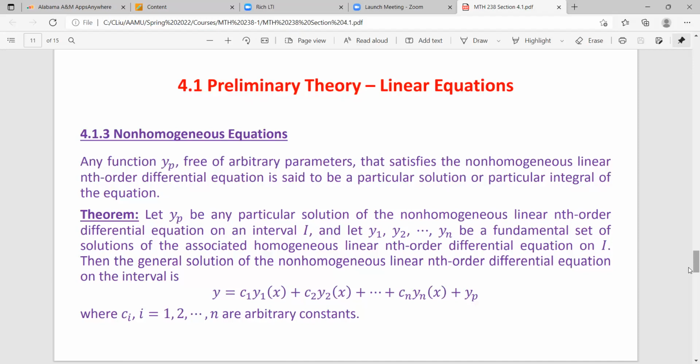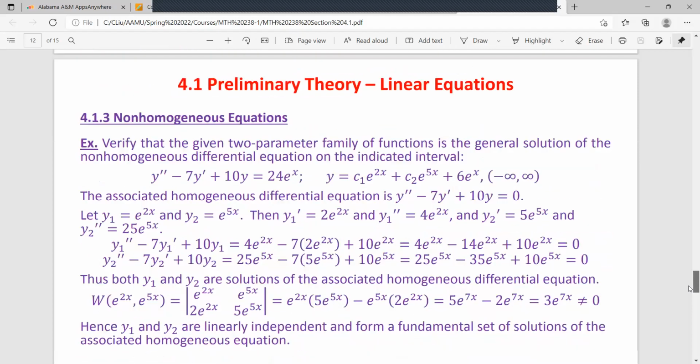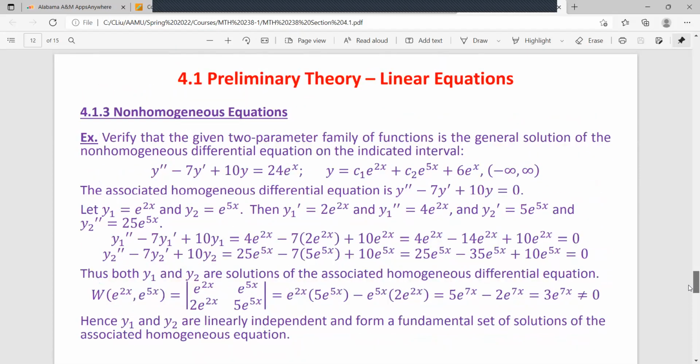Okay, so that's the whole theory about non-homogeneous equations. Any questions? This might be a little confusing, but we're going to see some examples. Okay, the theories are always a little confusing.